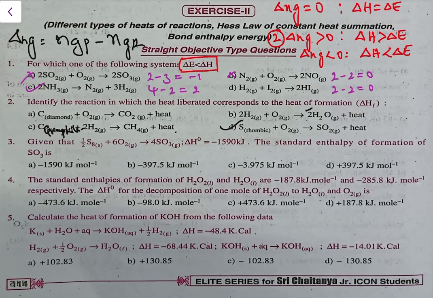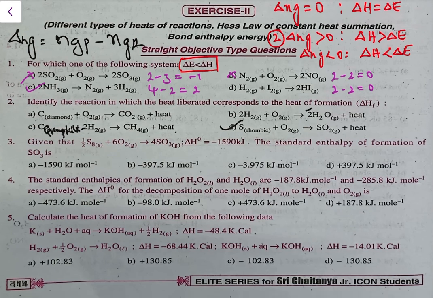And the fourth option, if you see, rhombic sulfur plus O2 gives SO2. 1 mole of sulfur dioxide is formed. Generally sulfur is available in 2 allotropic forms, rhombic and monoclinic. So it is the elemental and standard state, and 1 mole of substance is formed. So D is the answer.